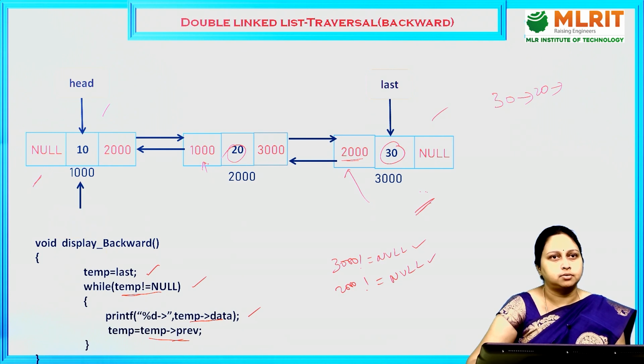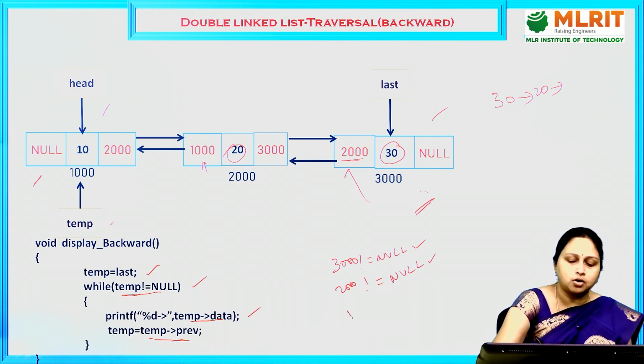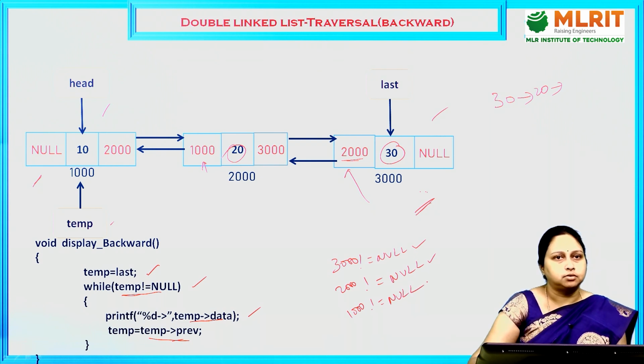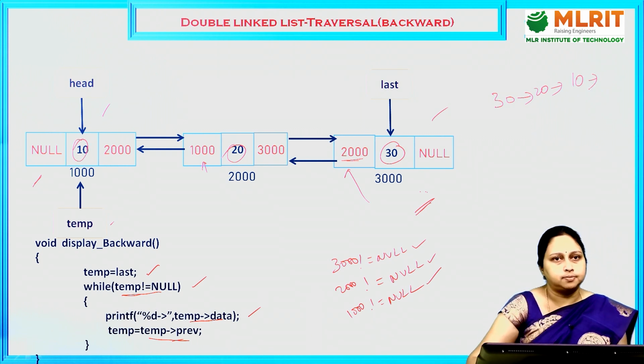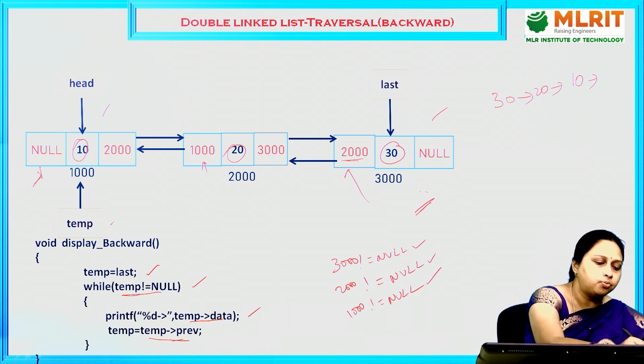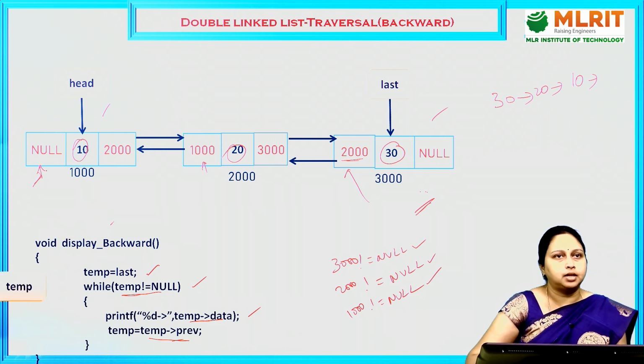1000 it is. Now you could observe here, this is temp. Now 1000 not equal to null. Yes, again the condition is true. It is going to print the temp arrow data value, that is 10 is printed. Now coming to temp equal to temp arrow previous. Now temp will be pointing to the null value, like this way.